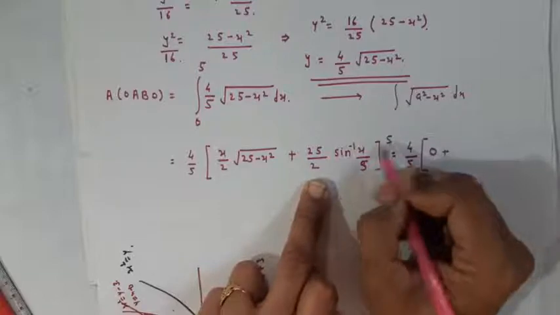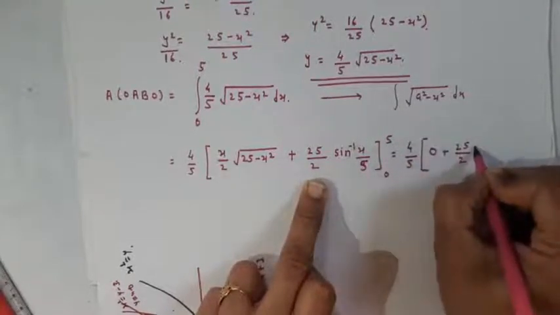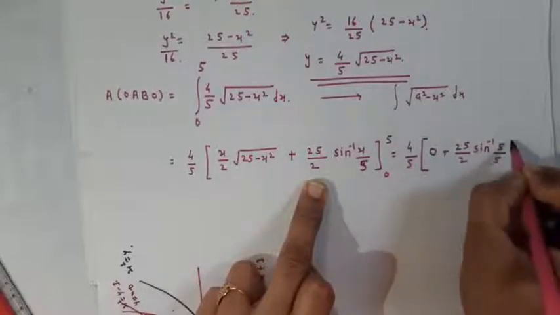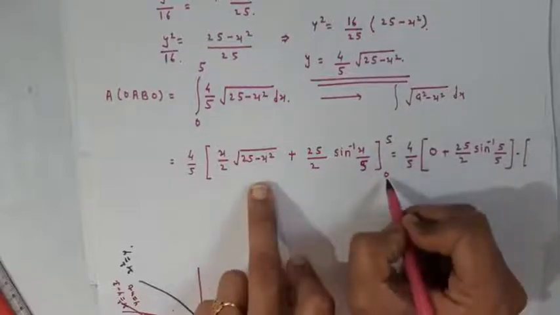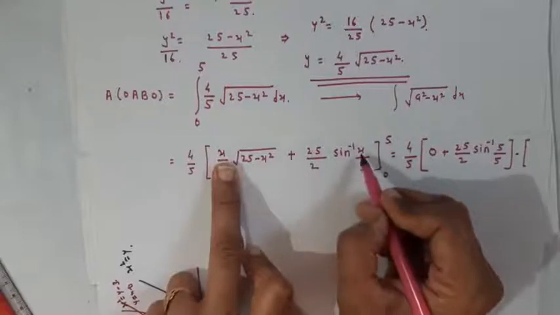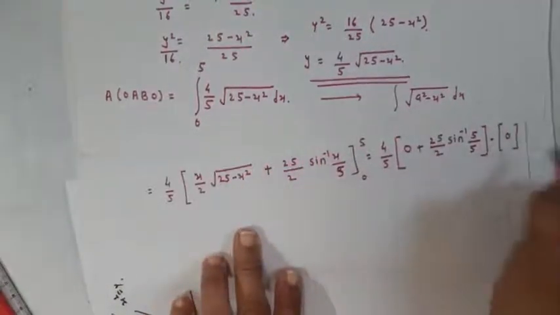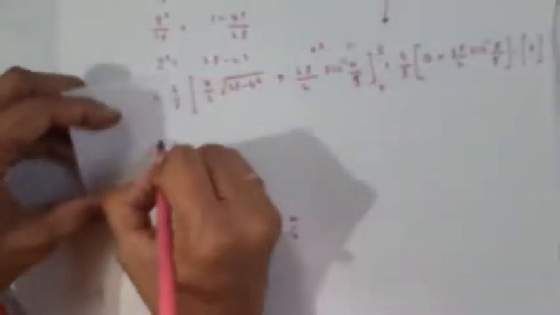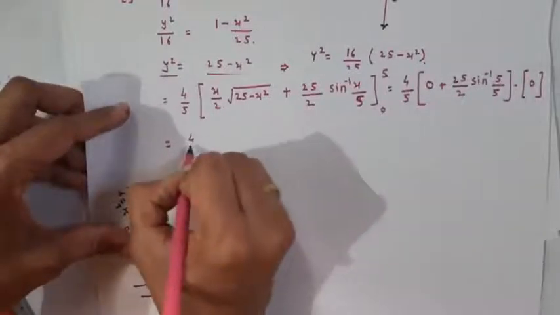Plus, put x equal to 5: 25 upon 2 into sine inverse of 5 upon 5. This is upper limit minus lower limit. Put the value of x equal to 0: 0 into anything is 0. That's why the lower limit value is 0. And now the required area equal to 4 by 5.